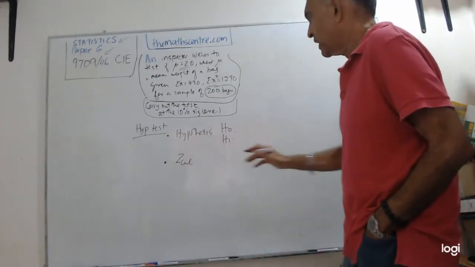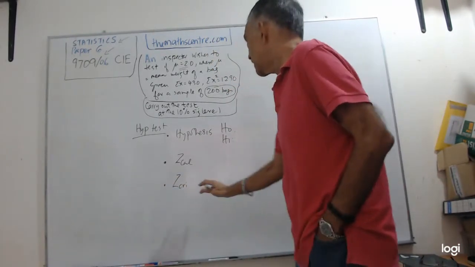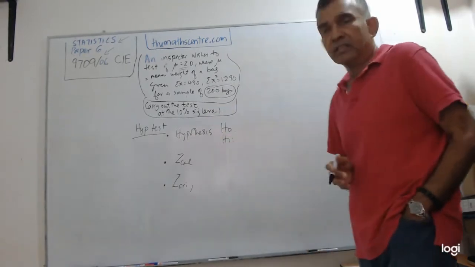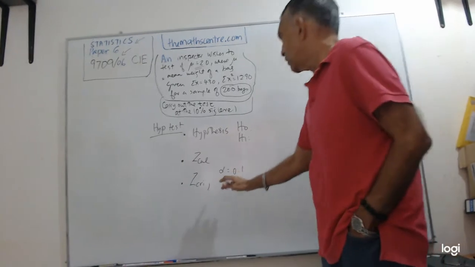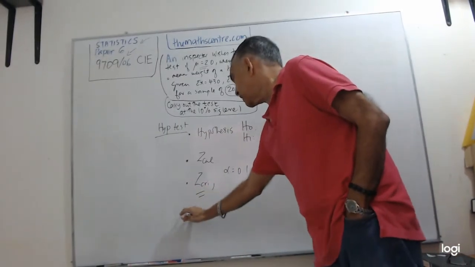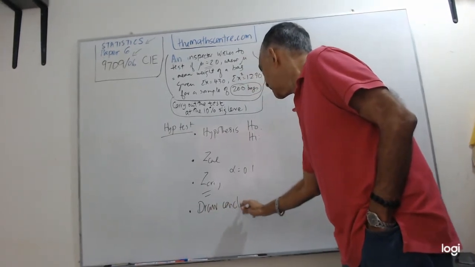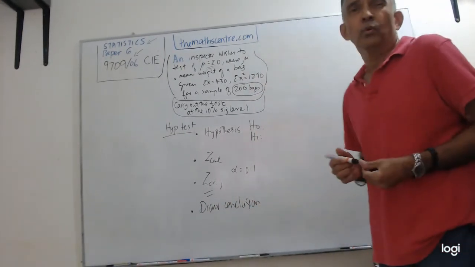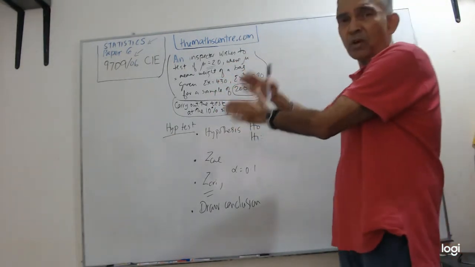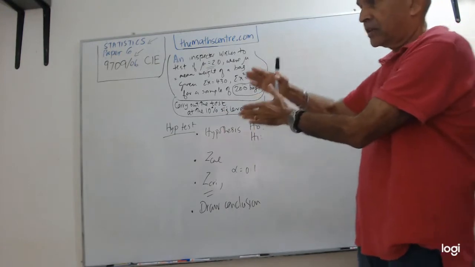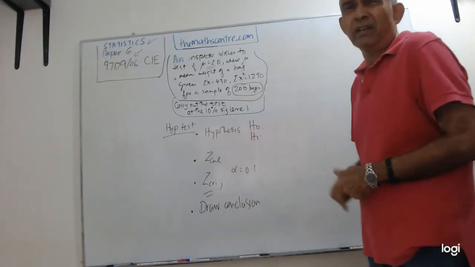The third step, we need our Z critical, where you're told to test at alpha equals 0.1, so you can look up your tables. Then don't forget to draw your conclusion. These are the general steps when we do hypothesis testing: define your hypothesis, work out your test statistic, look up your critical value, and draw your conclusions. Very quick.